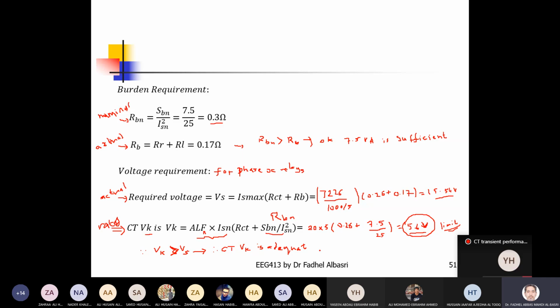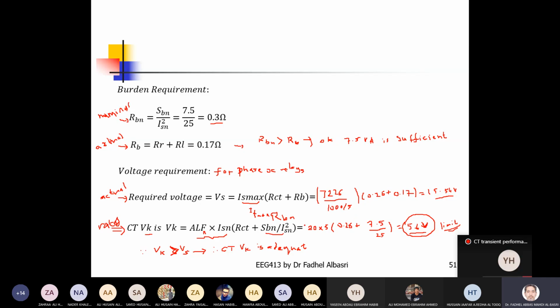All right, guys, 56 is greater than this. This is the voltage I will develop due to the burden of the relays and lead at maximum fault current. This represents my I fault, maximum, referred to the secondary side.